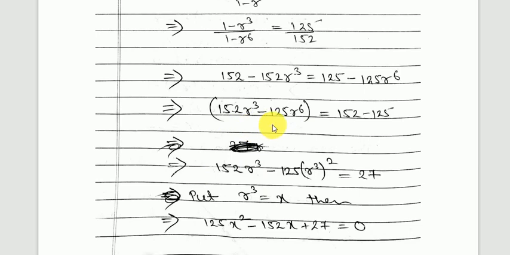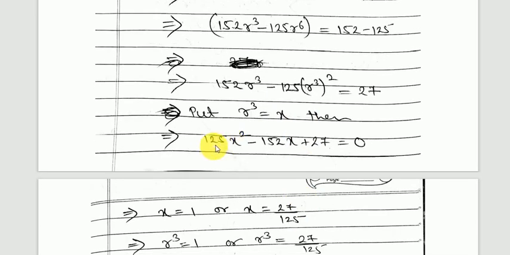So what we can do is, 152 into (R cube minus 125 into R cube whole square) equal to 27. In place of R cube I can put X. So I'll get 125 x square minus 152x plus 27.